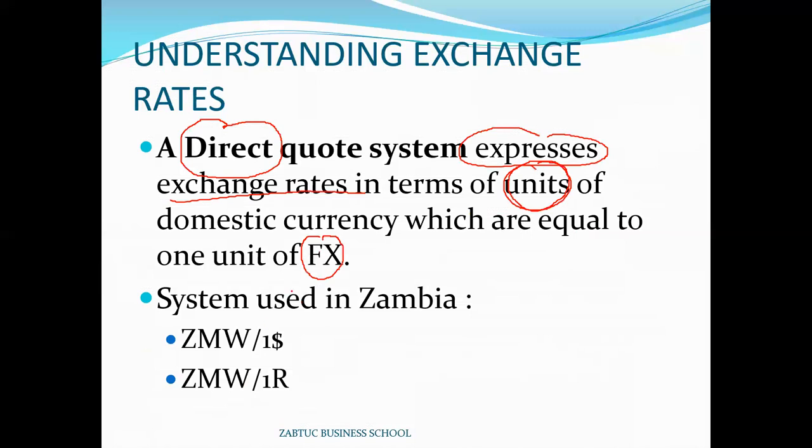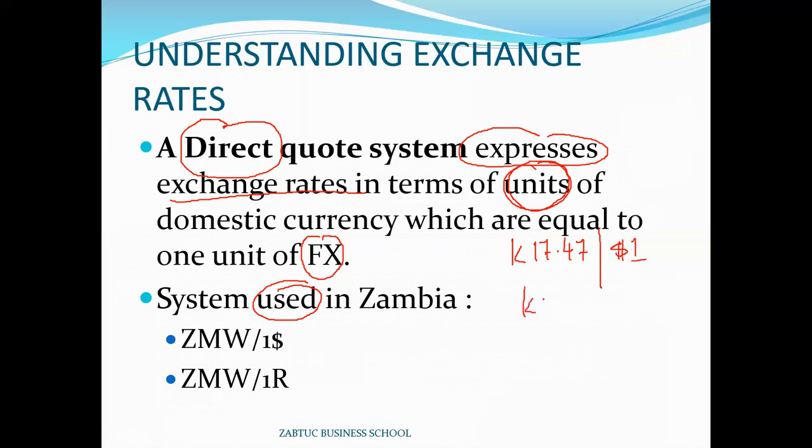And we have said this is a system typically that we use in Zambia. In Zambia, we normally talk about so many kwachas per single US dollar.